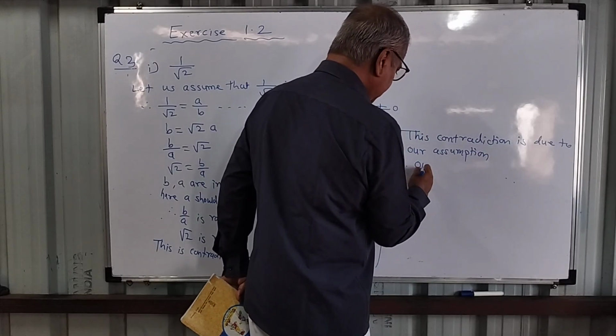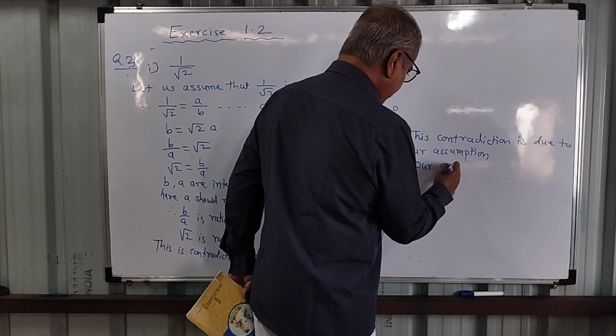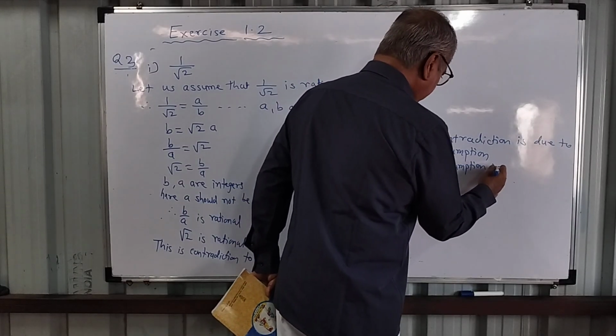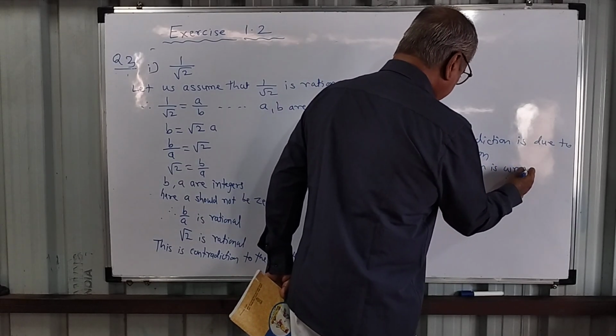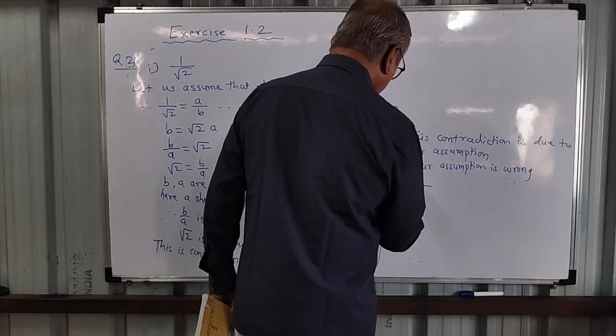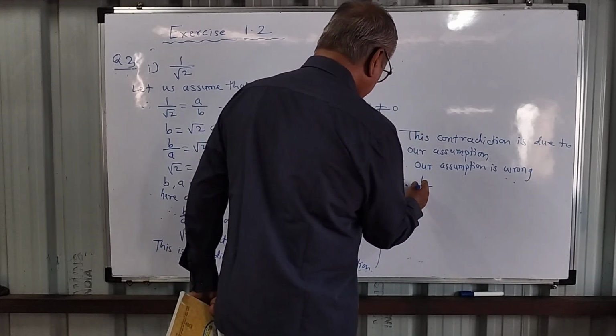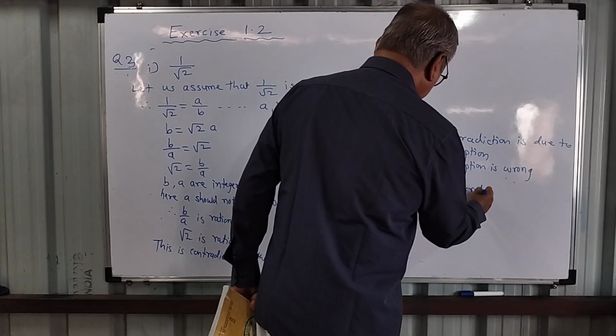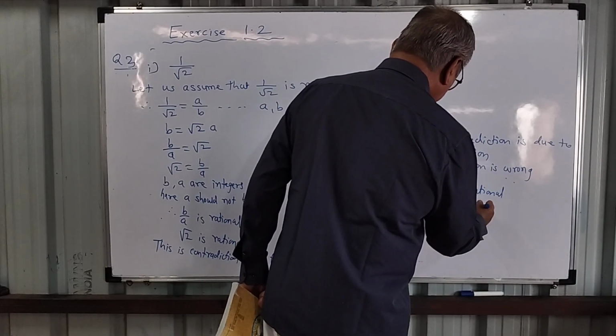Therefore our assumption is wrong. Therefore 1 upon root 2 is irrational. Proved.